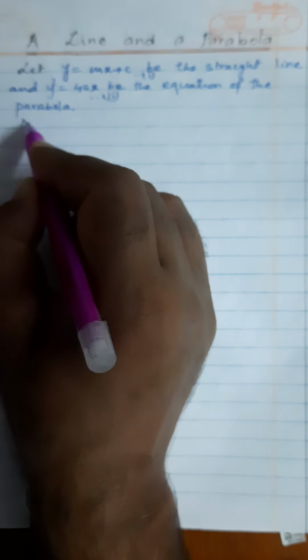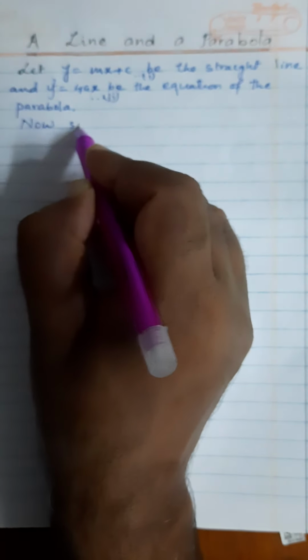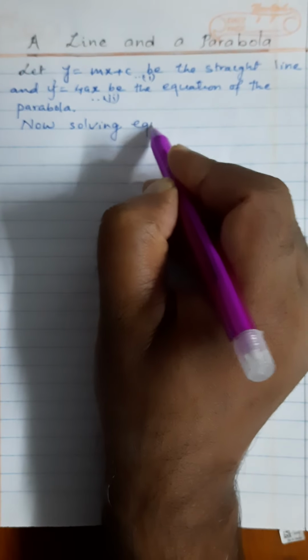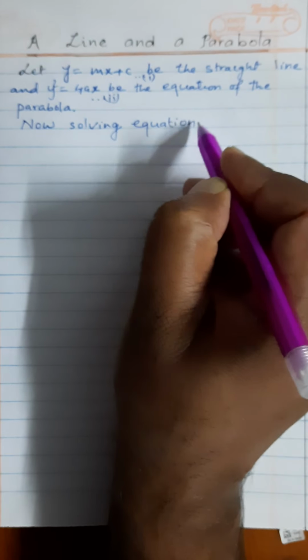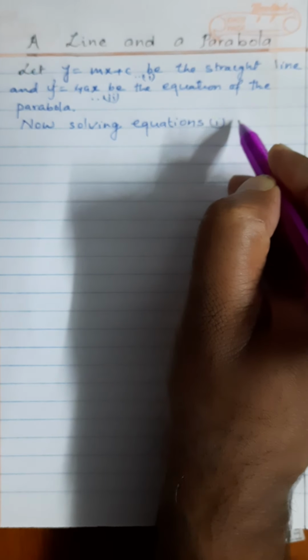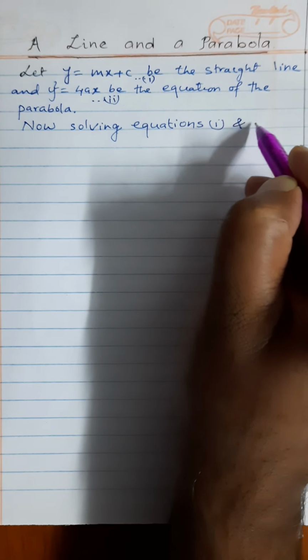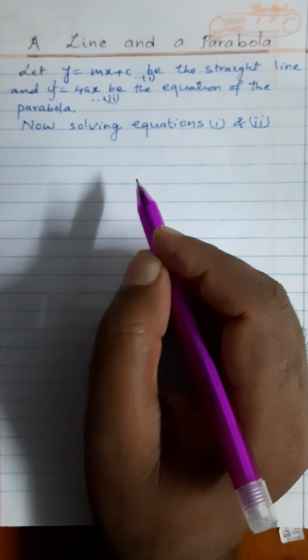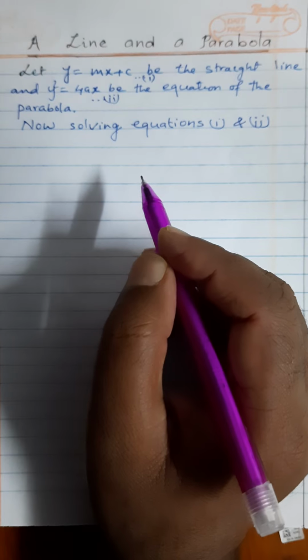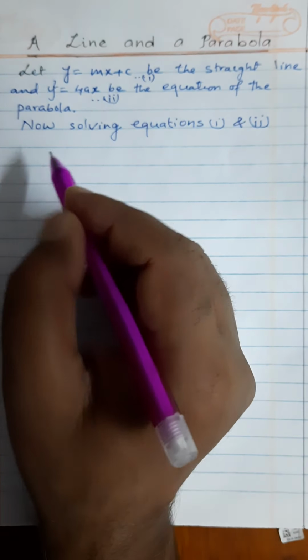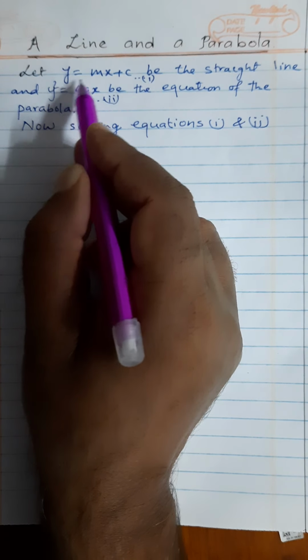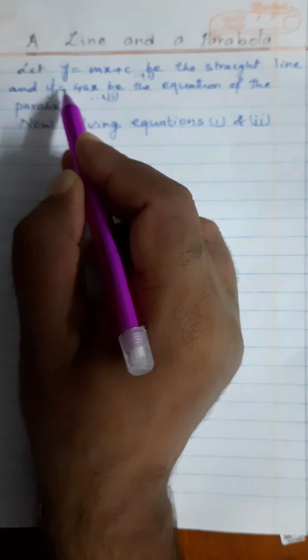Now let us solve equations 1 and 2. From equation 1 we have y equals mx plus c, and we can substitute it in the parabola equation.